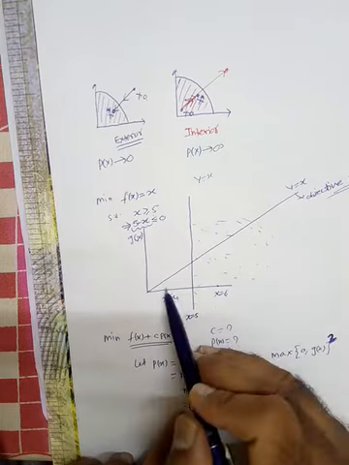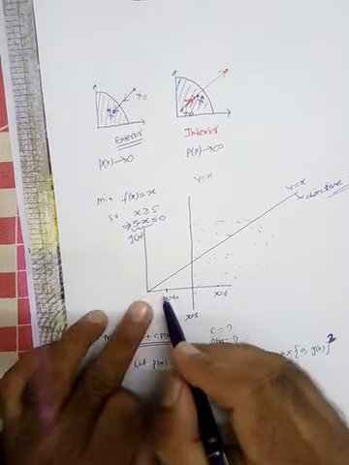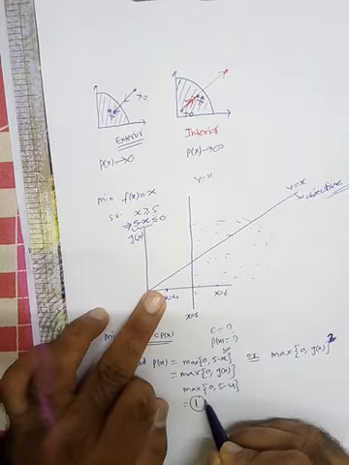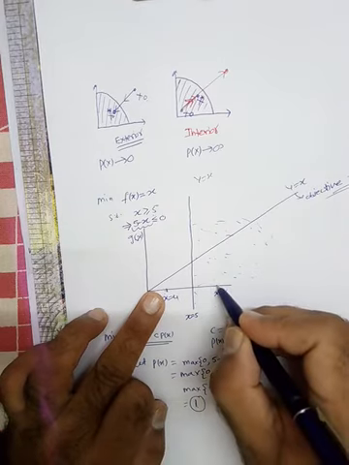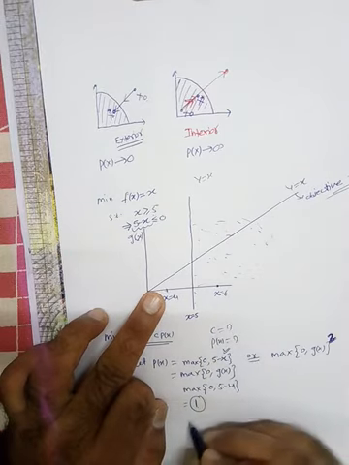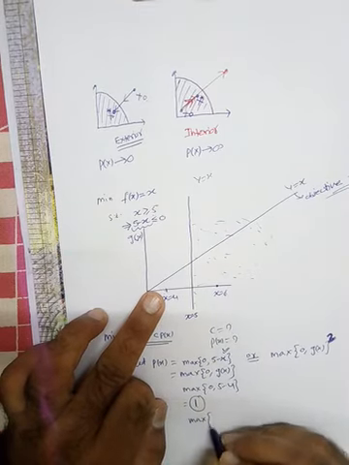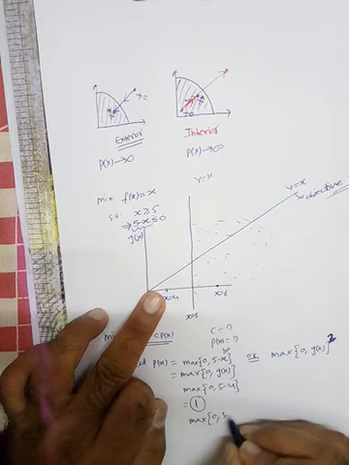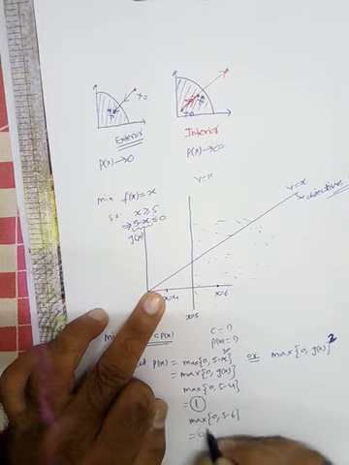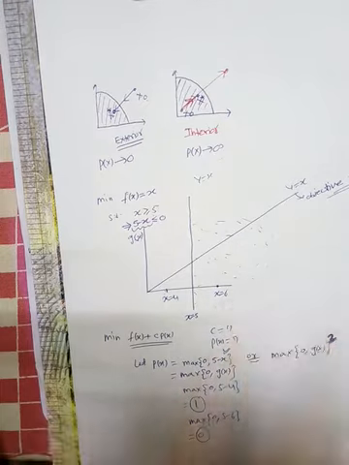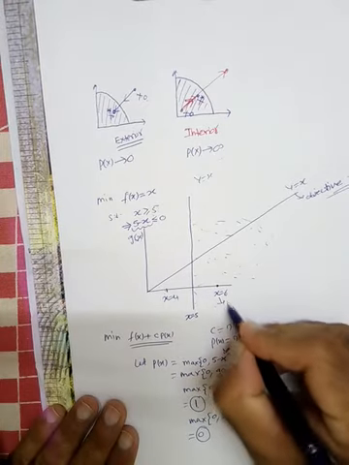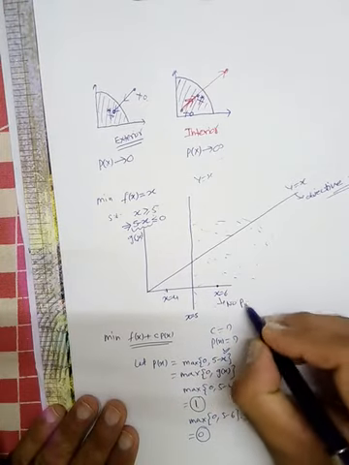So if you are taking a point outside the domain, then the penalty is high. However, if you take the point inside the domain, then maximum of 0 and 5 minus 6 is obviously 0. So there is no penalty.